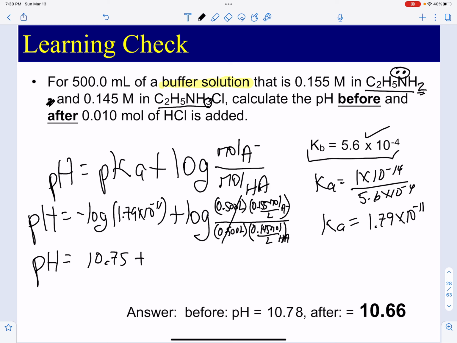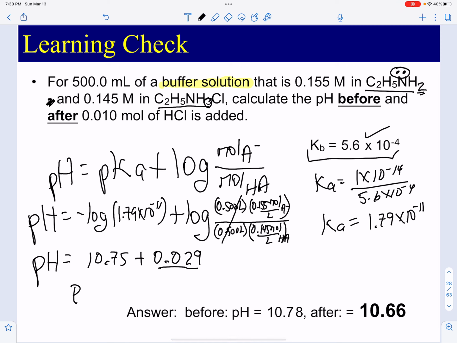So when we do the log of 1.07, we're going to get 0.029, which is perfect because this is telling me that 10.75 is only going to change by 0.02, which is what a buffer is supposed to do. It's supposed to prevent drastic changes in pH.